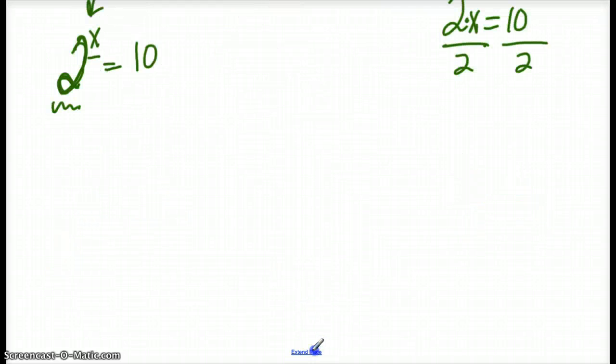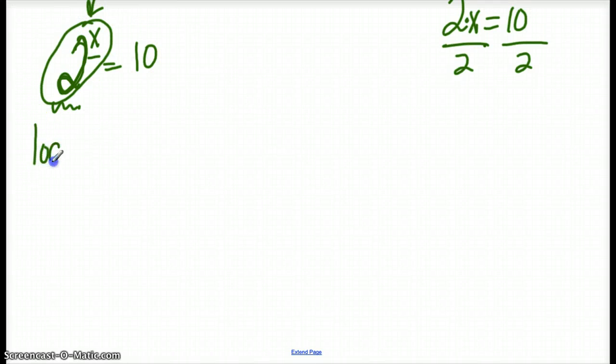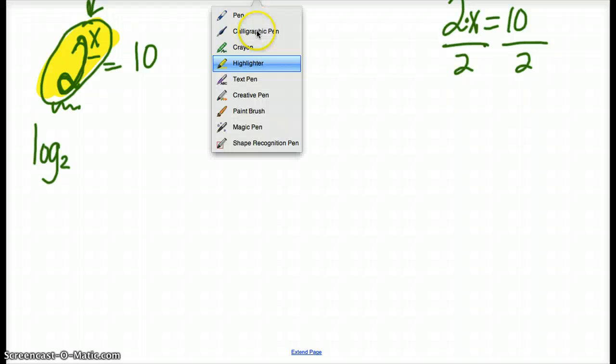And what you do is, if this is what you're solving for, circle it. You want to get rid of the 2. So this is how you're going to get rid of the 2. You're going to put a log, which is known as a logarithm, a log, and you're going to put a little 2, and then you're going to write what you have here. So I've not written that yet. I've just done log base 2.